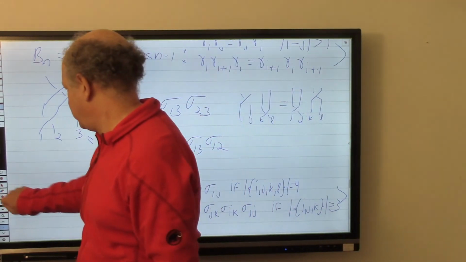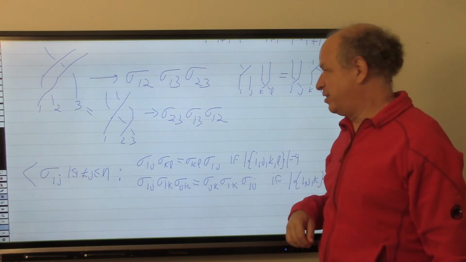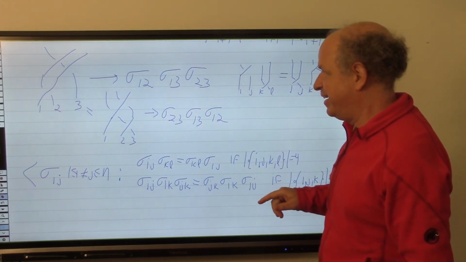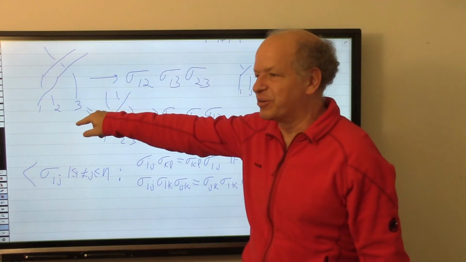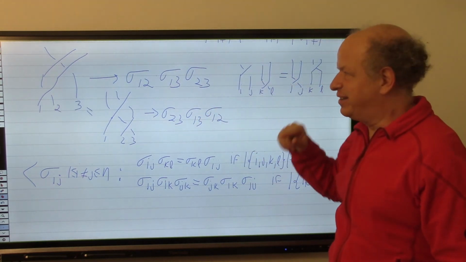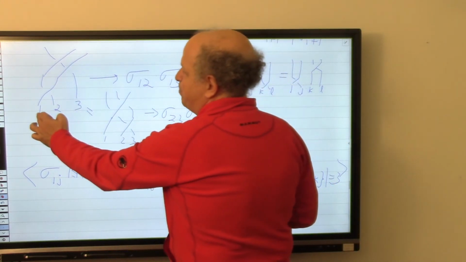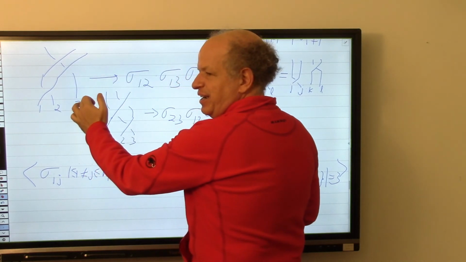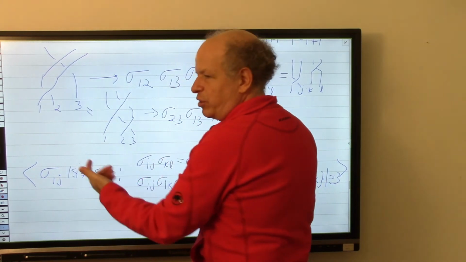Am I a genius or an idiot? Well, it turns out I'm an idiot. This is not a presentation of the braid group. As stated, it does not make sense to keep the names of the strands and use them as a reference for which one crosses over.